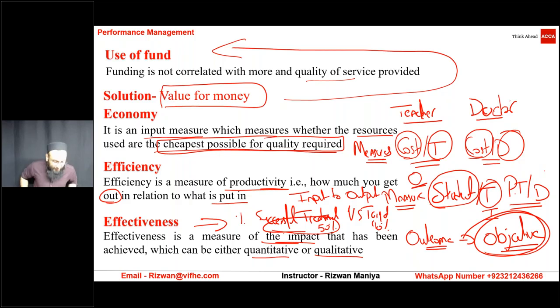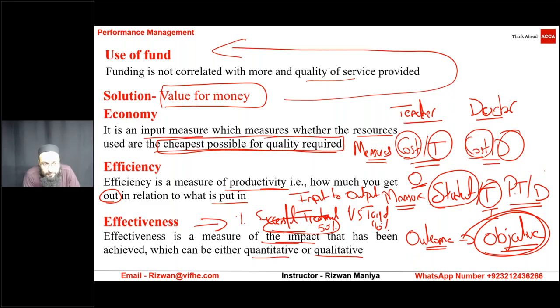So to measure effectiveness, it's very important that you check whether it is achieving the target or not. Now quickly the last thing: for a school, how will we measure effectiveness? Let's look at your options. For a school, what indicator is important for effectiveness?